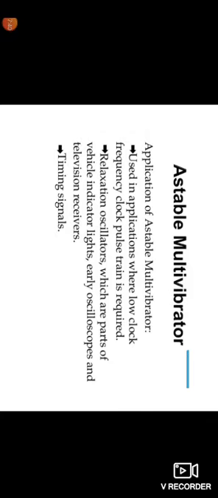They are mainly used in relaxation oscillators, for example the UJT acts as a relaxation oscillator, which are parts of vehicle indicator lights, early oscilloscopes and television receivers, and also in timing signals.